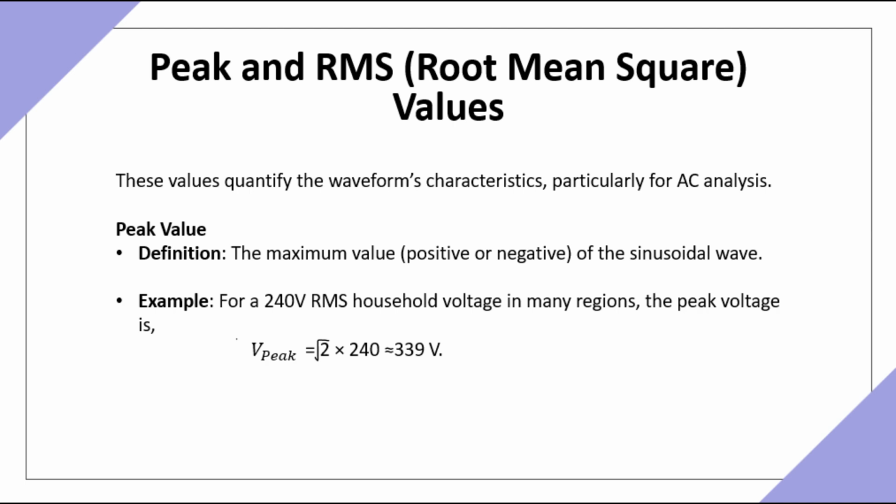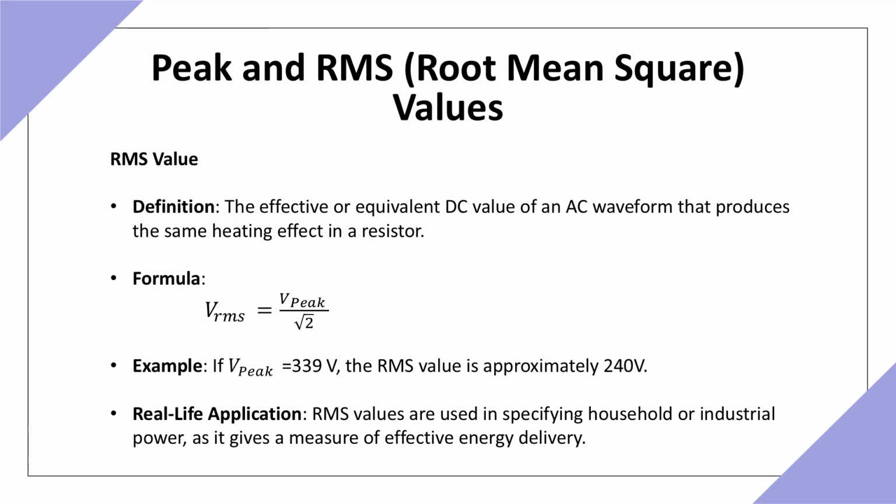Peak and RMS values help us measure AC waveforms. Peak value is the maximum amplitude of the waveform. For instance, if the RMS value of household voltage is 240 volts, the peak value can be calculated using the formula V peak equals square root 2 times V RMS, which is almost equal to 339 volts.